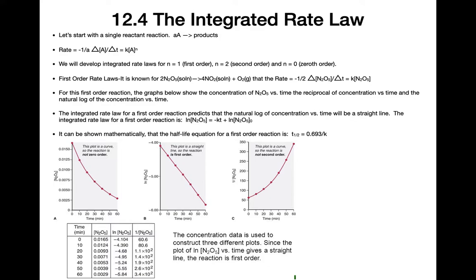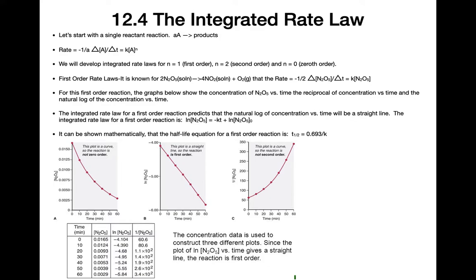Now, looking at that straight line, we could use what we know about straight lines from math to create a formula that would allow us to calculate the concentration of N2O5 at some particular time in the future based on the original concentration of N2O5.